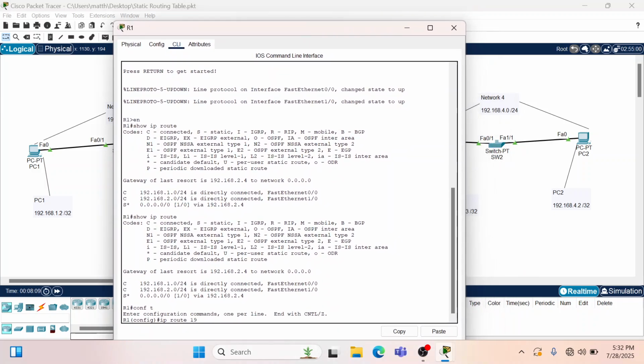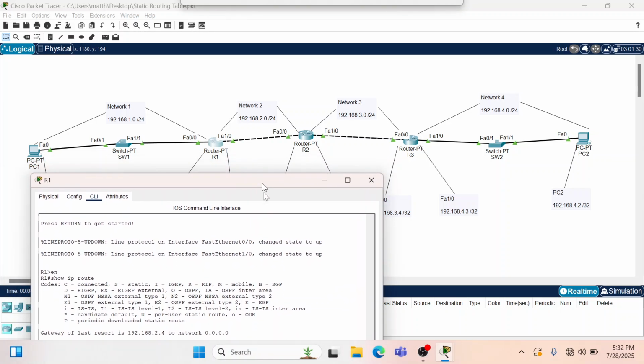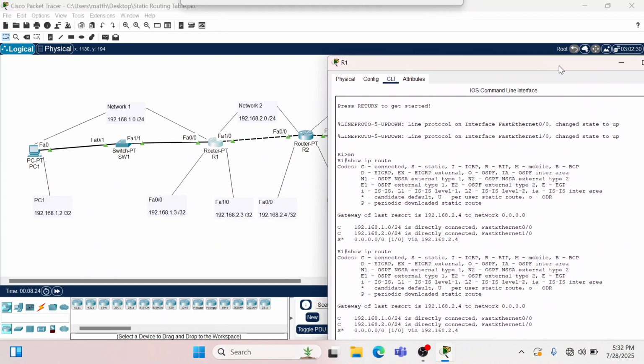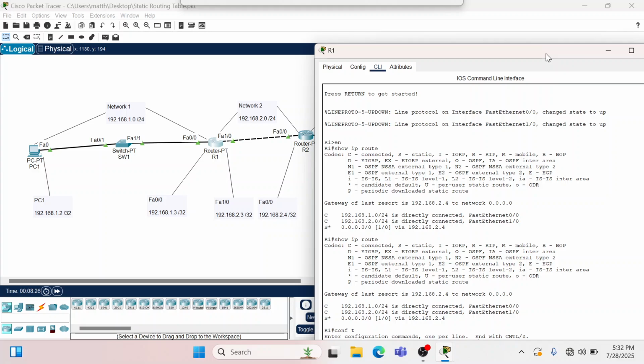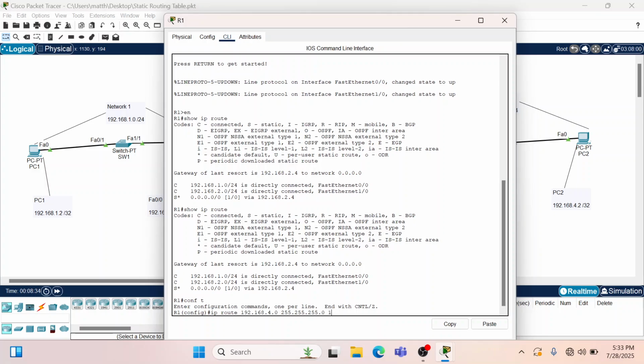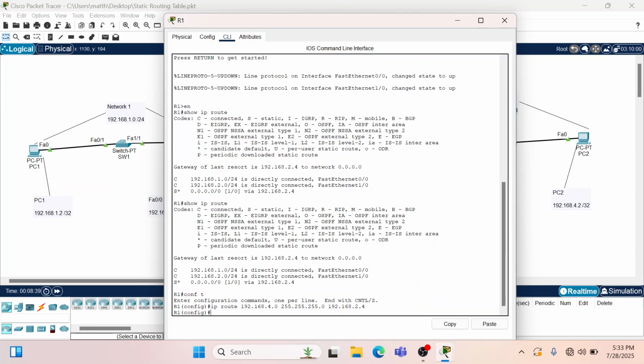Enter your subnet mask, 255.255.255.0. And then your next hop IP address, which would be FA0/0 on router 2, and the IP address of that interface is 192.168.2.4.